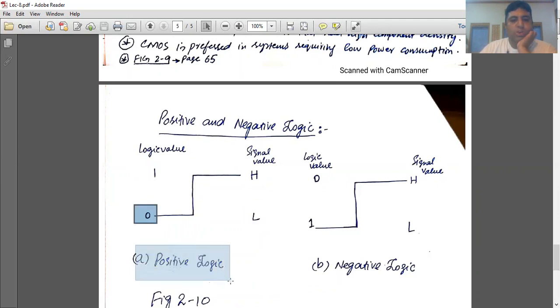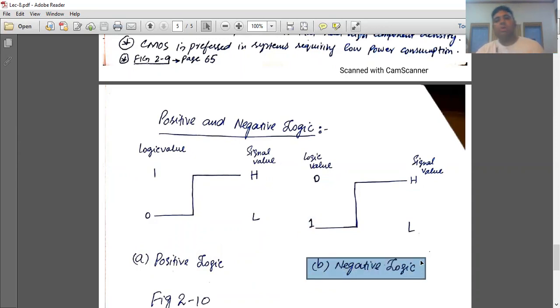This is positive logic. And in negative logic, logic high means logic 0, and logic low means logic 1. These are some techniques by which you can give inputs to a logic gate. Mostly we use positive logic in our labs.